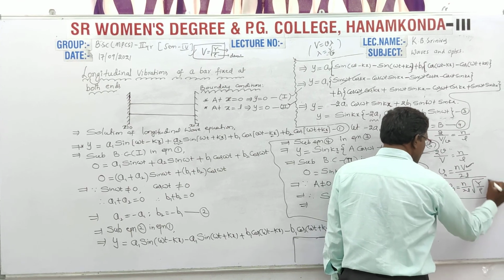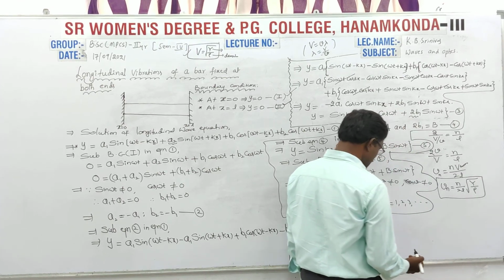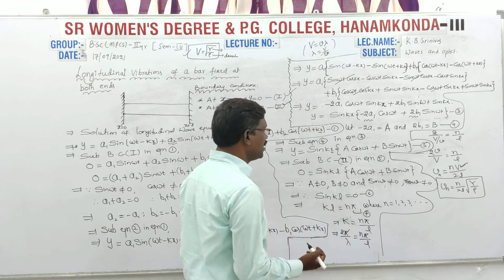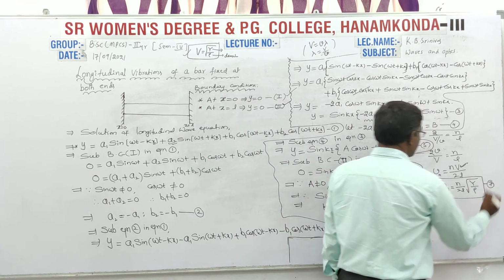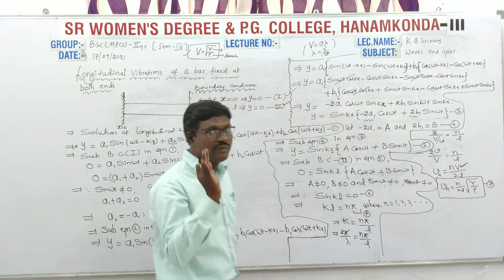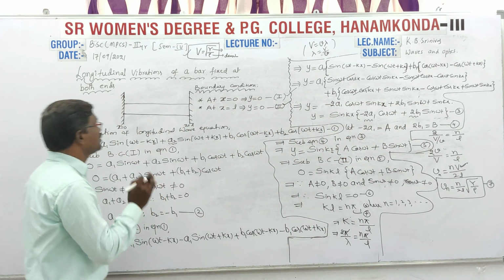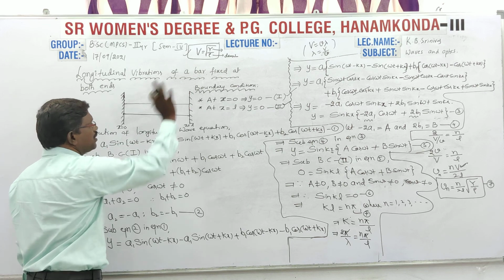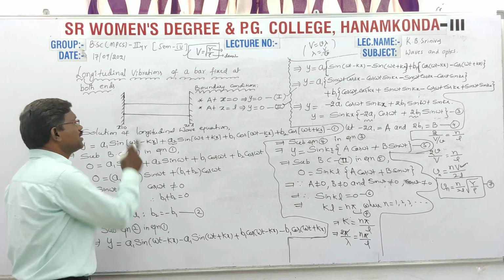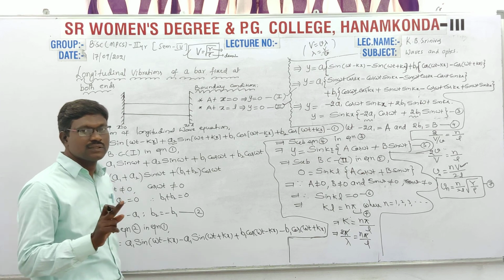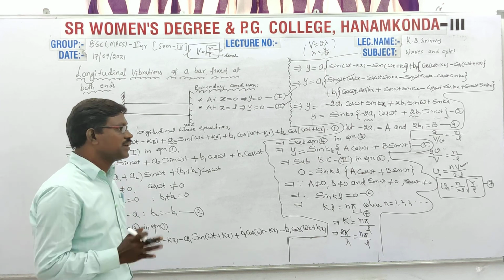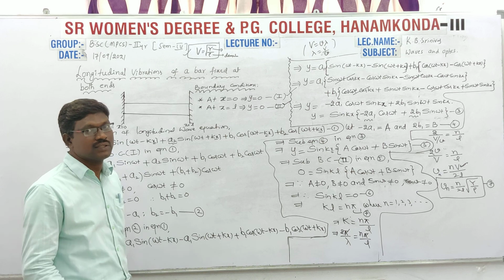This is the final expression. Let this be equation number 7. Equation 7 represents the frequency of the longitudinal vibrations in a bar when it is fixed at both ends. Still I have to represent the modes of vibrations in a bar.